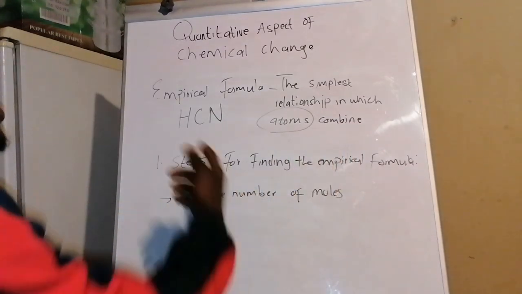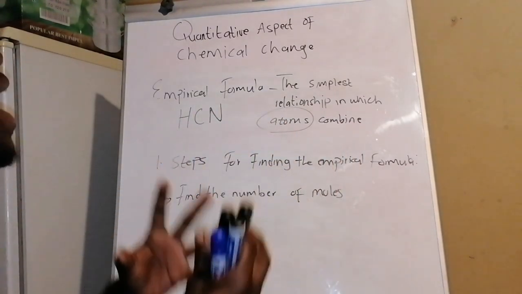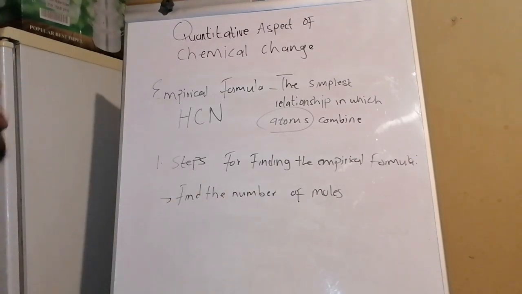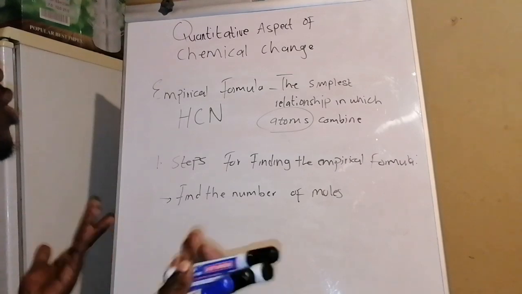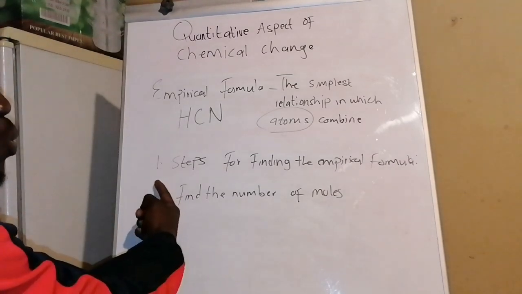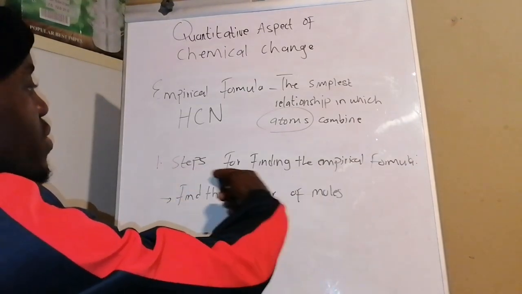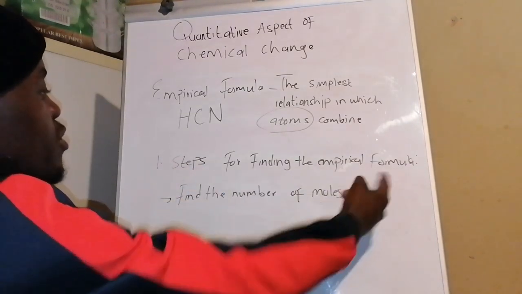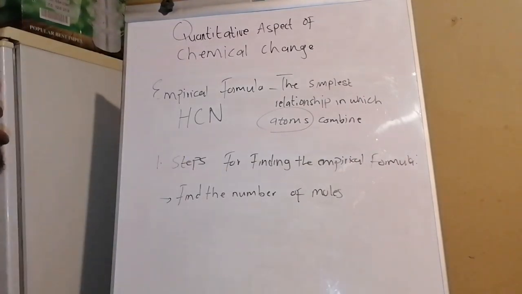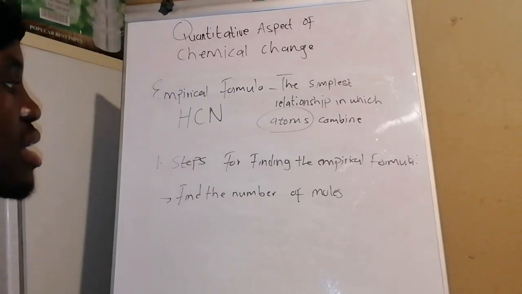In other words, the empirical formula is just combining the atoms of that particular compound which they will ask you to find the empirical formula for. So the first step for determining the empirical formula is that you need to find the number of moles using the formula n equals mass over molar mass.